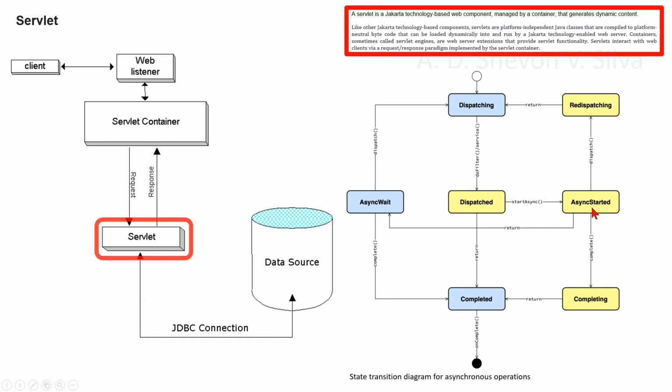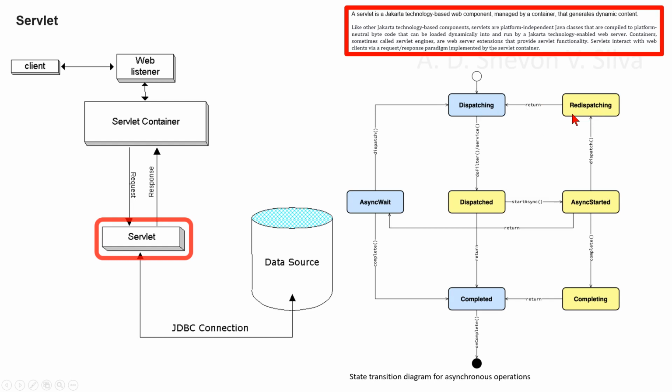Here async started is connected to redispatching and completing. Dispatch method is passed from async started to redispatching state. Redispatching is connected to dispatching.